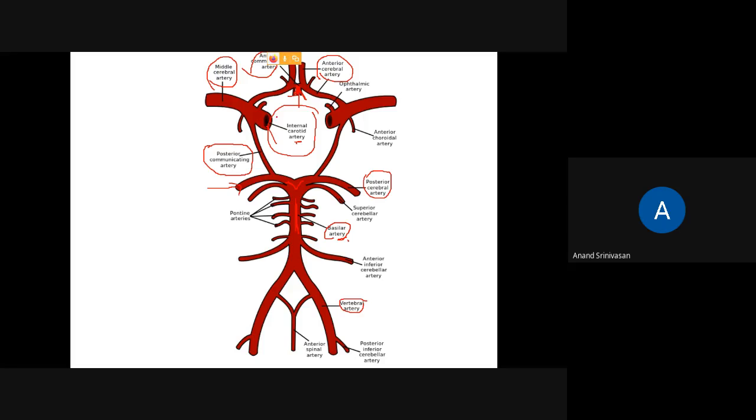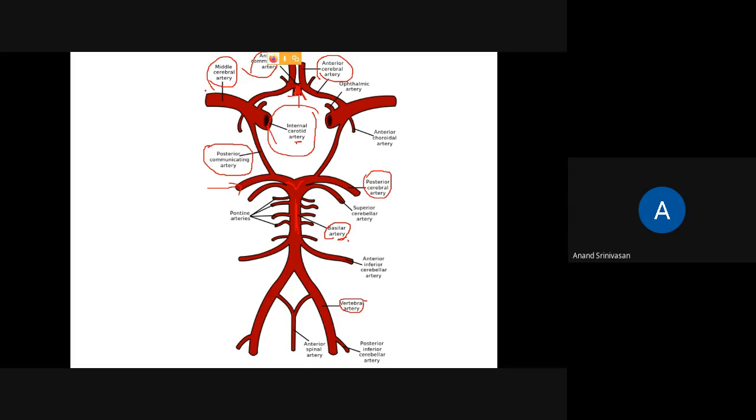The internal carotid artery joins with the posterior cerebral artery through the posterior communicating artery. Then the other branches from the internal carotid will be the middle cerebral artery and anterior cerebral artery.